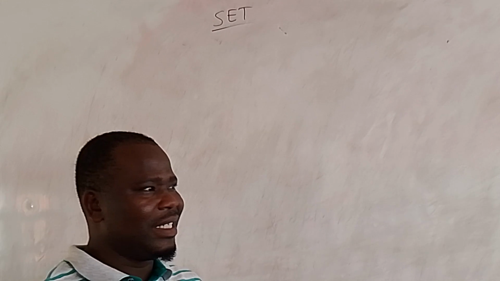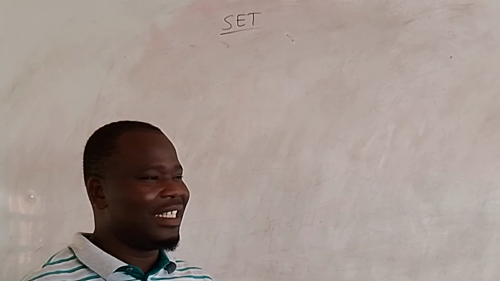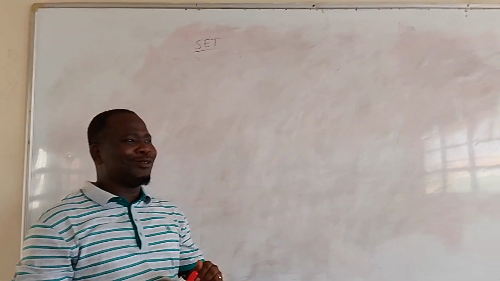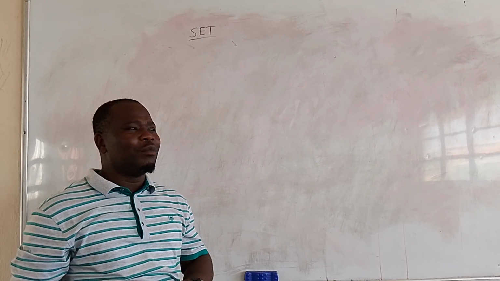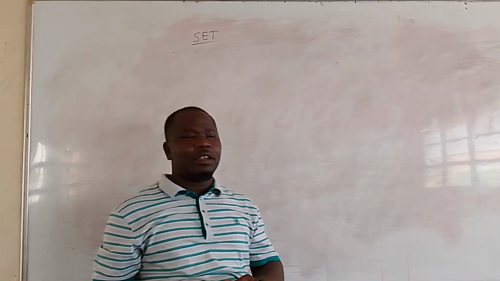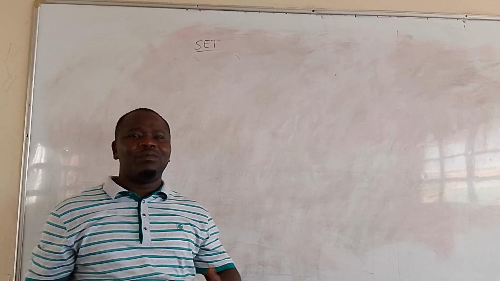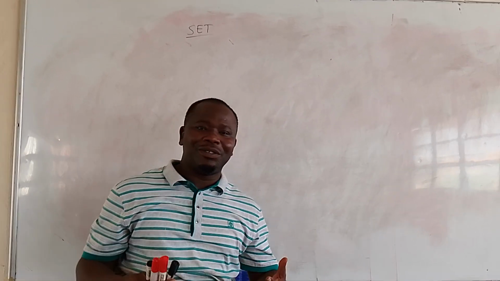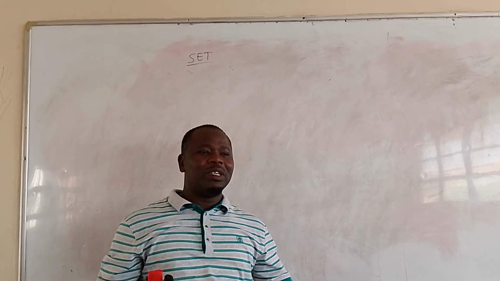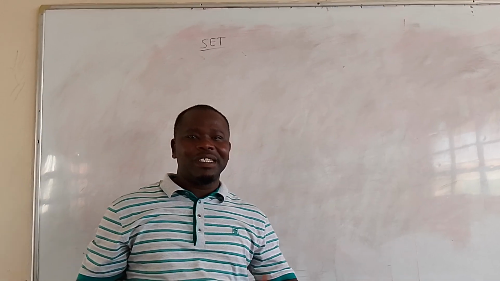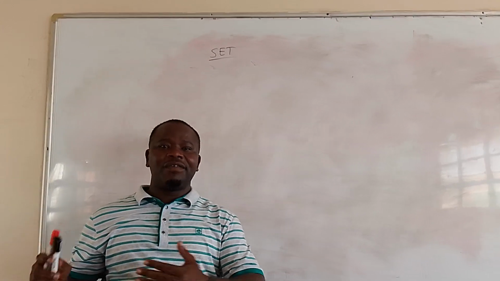Before I define set, for those of us who are footballers, let's go back to where we normally play football, most especially five-a-side. Anytime you want to play five-a-side, if the crowd is too much, we will split the number of persons present into different teams.